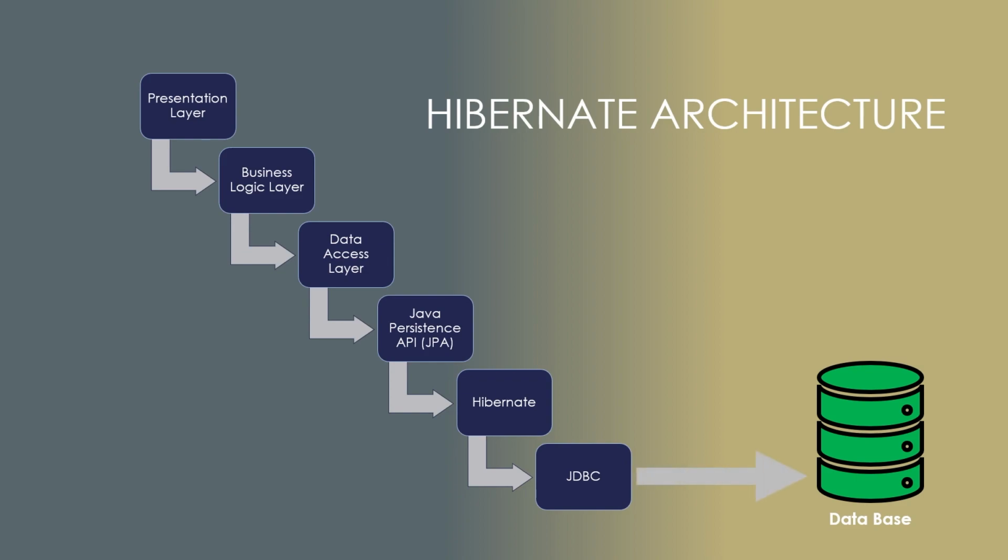So it doesn't mean that the moment we start making use of ORM or Hibernate or JPA, we are going to forget everything about JDBC. JDBC is still there. It is still working behind the curtains for us. It is doing all those things which it was doing earlier also. SQL is still there.